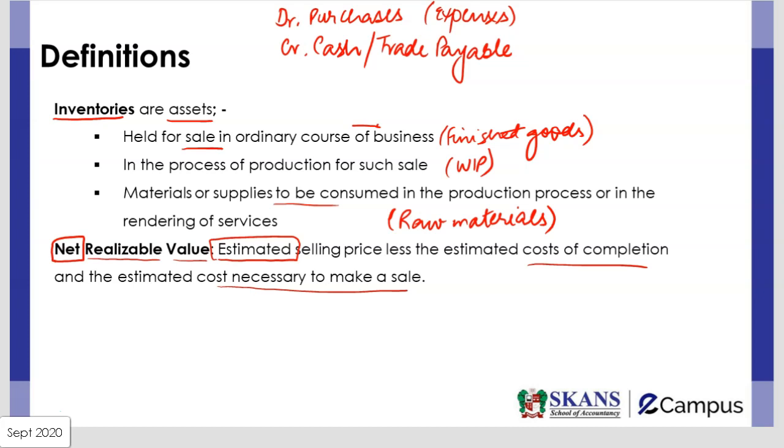So here the standard says that first of all you estimate for what amount you will be able to sell your item. Then it says subtract the estimated cost of completion. In the very above definition, we discussed that inventories consist of finished goods, work in progress, and raw materials.